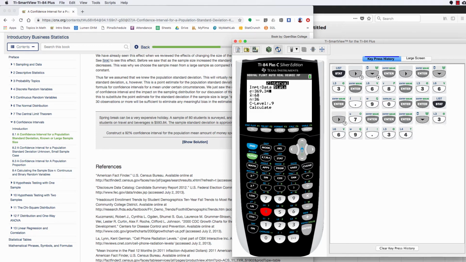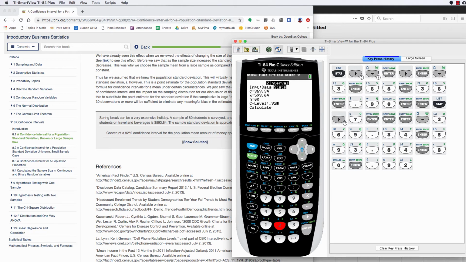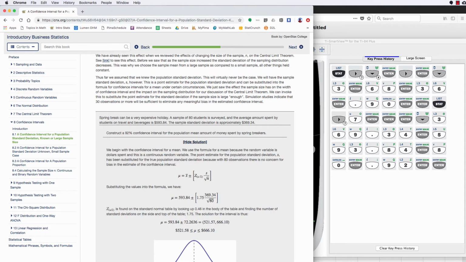We know the mean is 593 and 84 cents. We sampled 80 students, and we're going to do a 92% confidence interval. And we will hit calculate, and we'll see 521.55 to 666 and 13 cents.